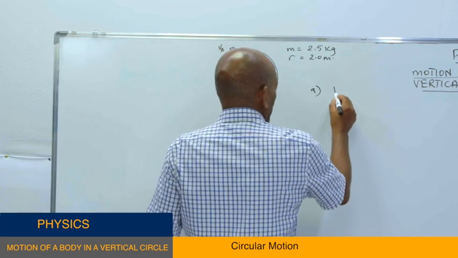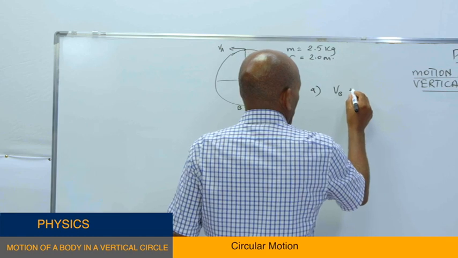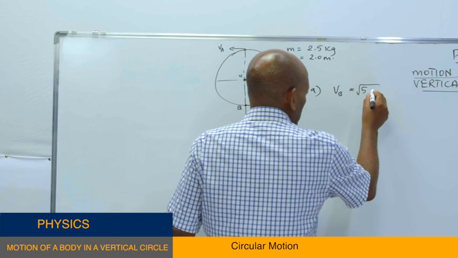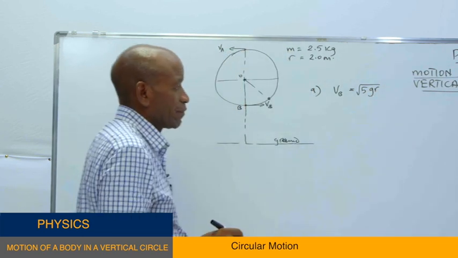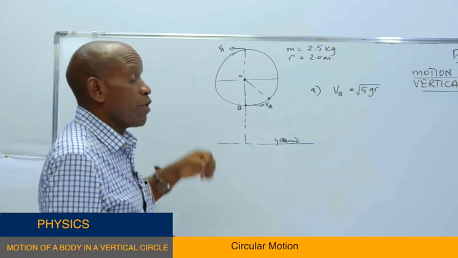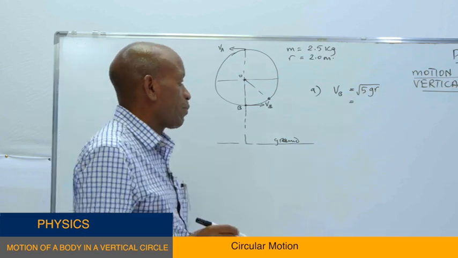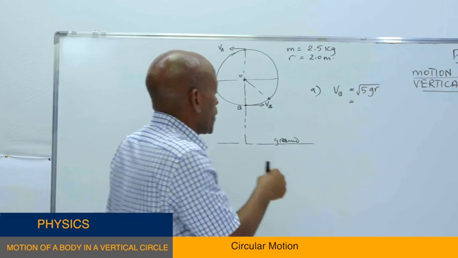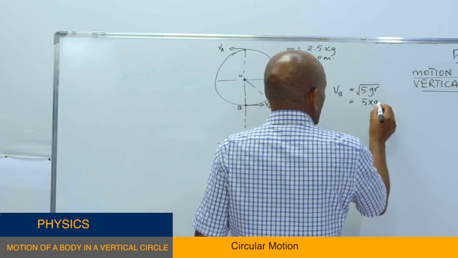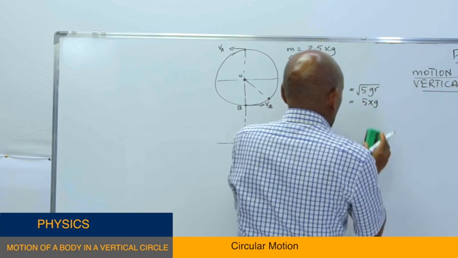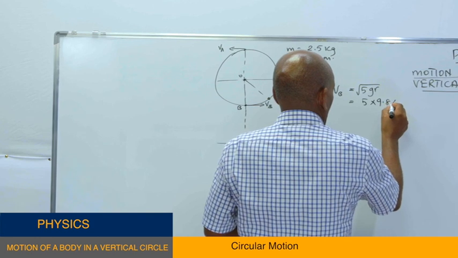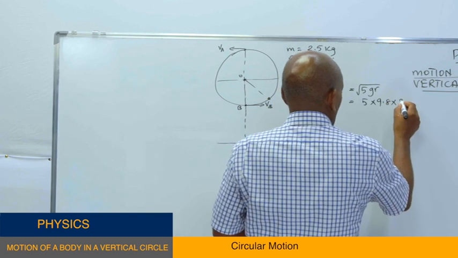And this velocity at that particular point, we had said, is equal to the square root of 5 times G times R. Computing for that velocity, we have 5 times G times R, where G is 9.8 and the radius is 2 meters.